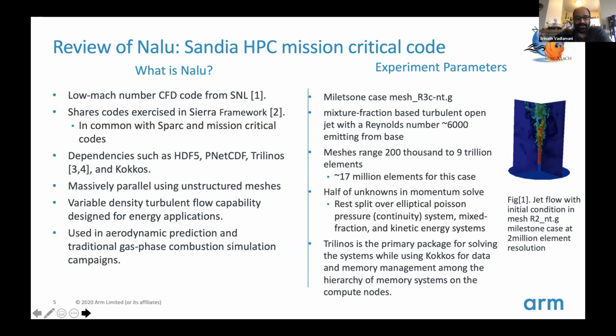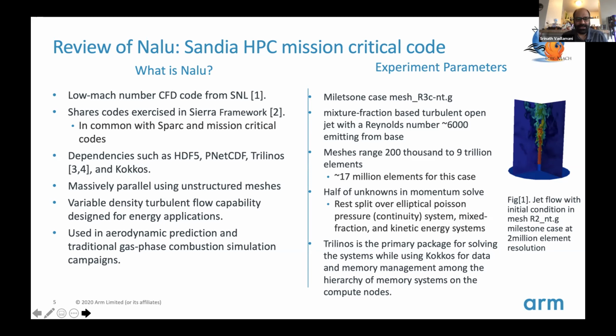So Nalu itself, it's a massively parallel computational code. The variable density solve is pretty impressive for such a code.